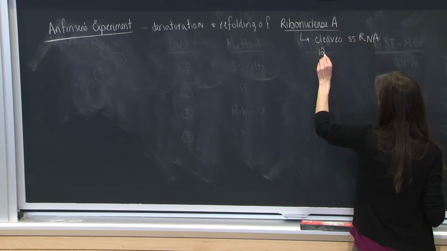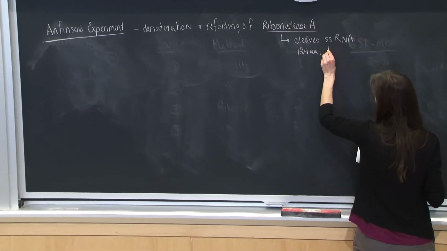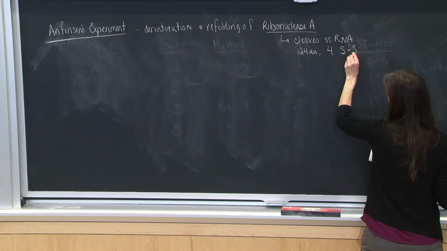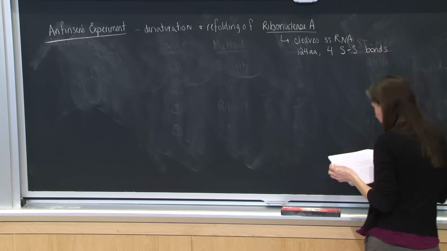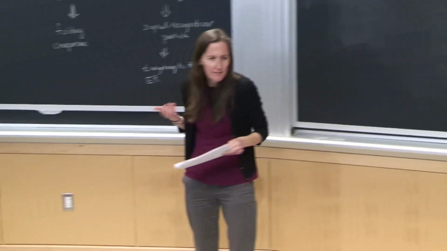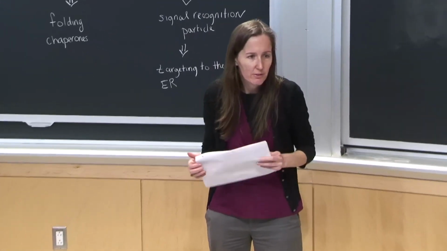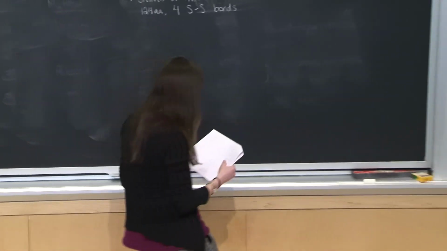It's 124 amino acids in length, and in the native form, it contains 4 disulfide bonds. Since there's 4 disulfide bonds, there's 8 cysteines in the primary sequence, right? So 2 cysteine side chains can come together to form a disulfide.